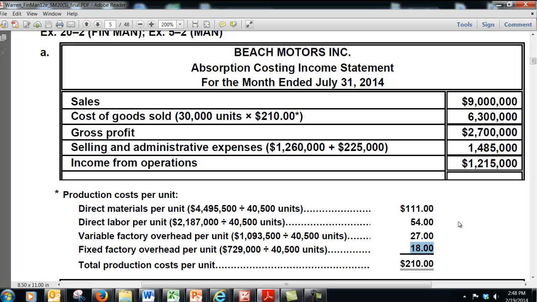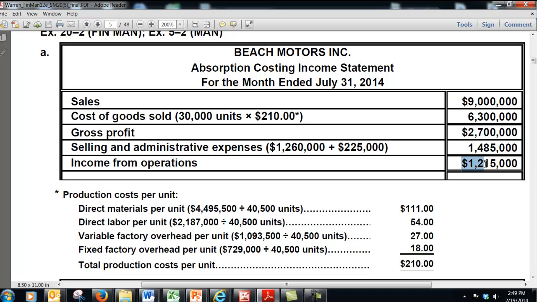Now, because we increased our inventory, we know from reading in the chapter that absorption costing is going to give us a larger income from operations than the variable costing method. If we sold more than we produced, it would be just the opposite, and the variable costing method would have a higher net income.